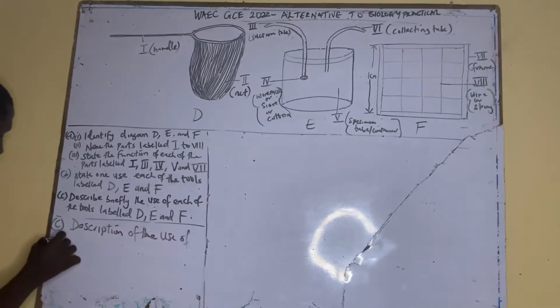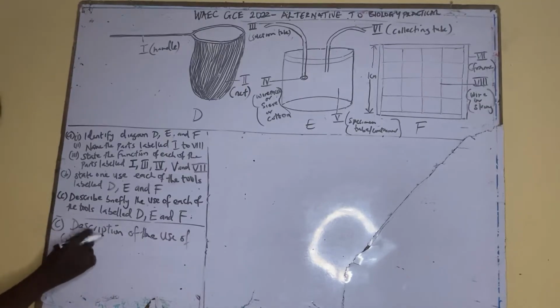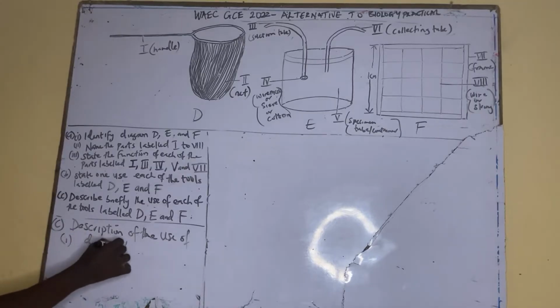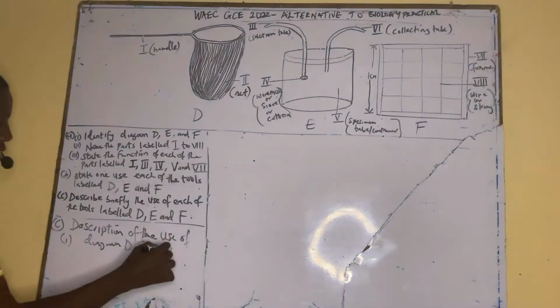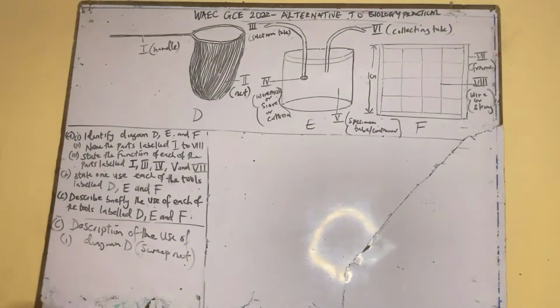Number one is D. How do you use diagram D, which is the sweep net?